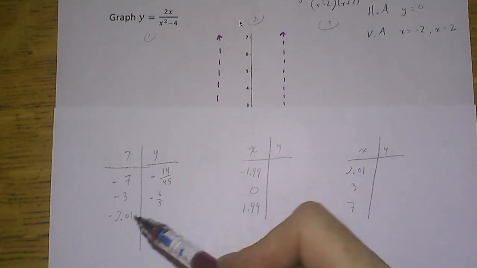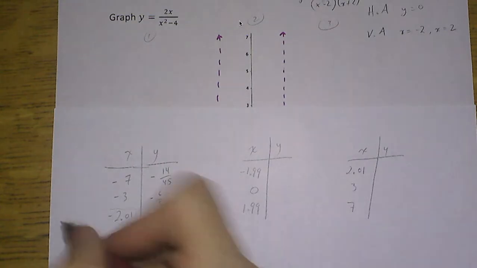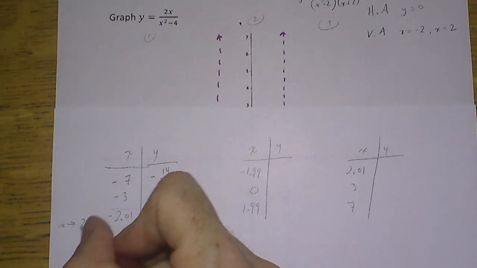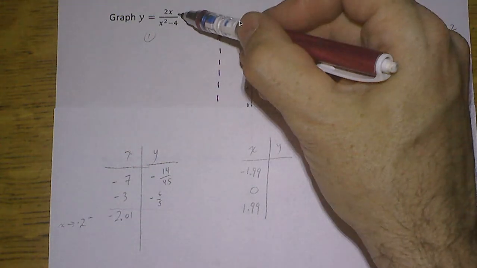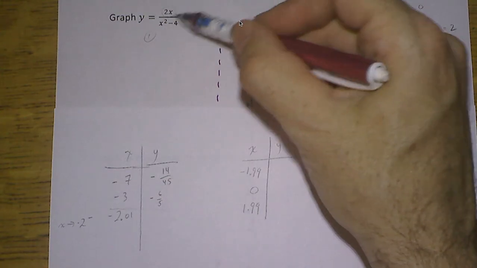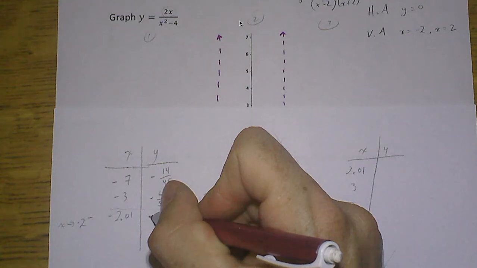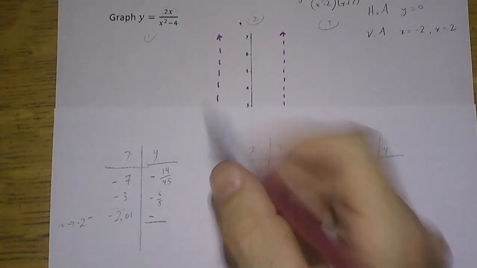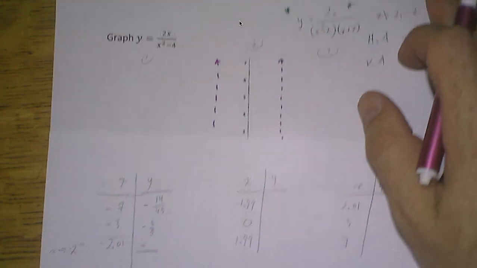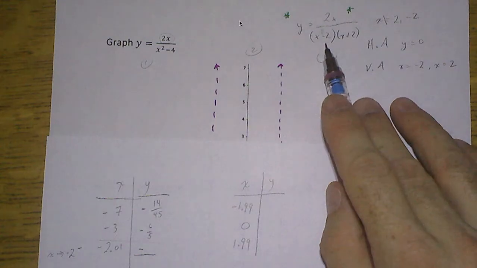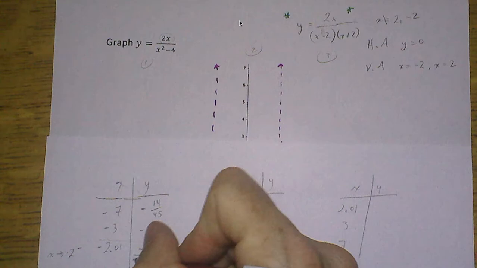Now, if I plug in negative 2.01, this is basically x approaching negative 2 from the negative side. I'm going to do the sign test. If I plug in negative 2.01, my denominator would be negative. You could either look at this form or your factored form. If I plug in negative 2.01, this factor is negative.